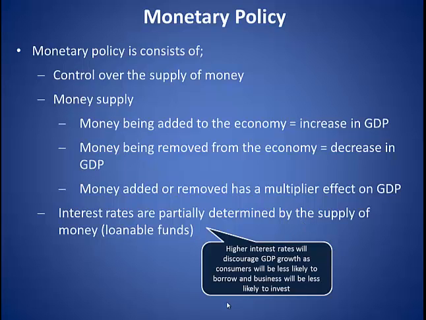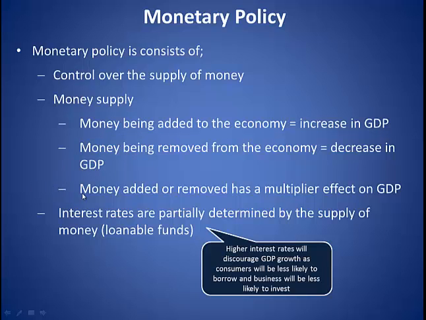Money being added to the economy will increase GDP, since people will have more money available to spend and consume, and producers can produce, and so forth. Money being removed from the economy will result in a decrease in GDP.